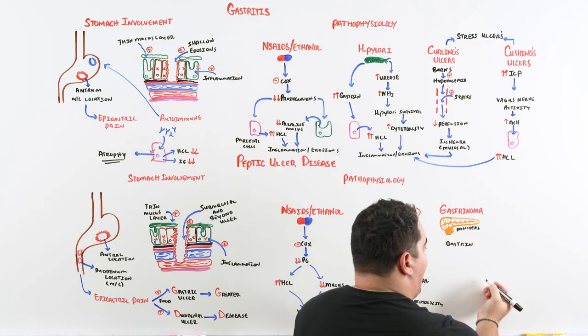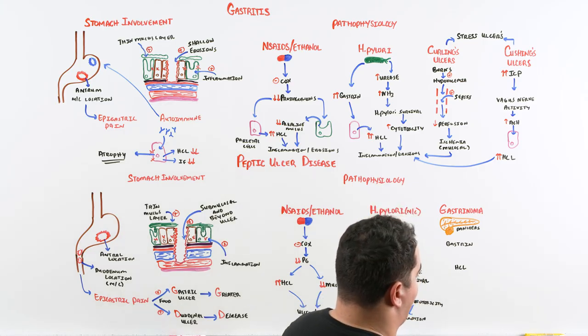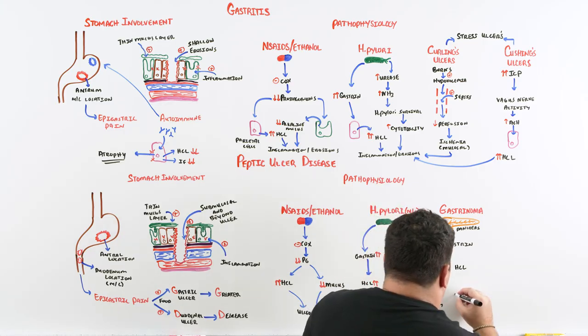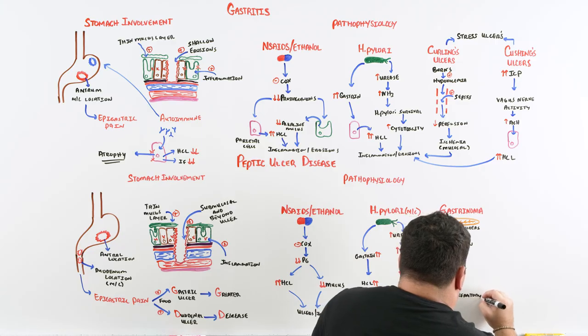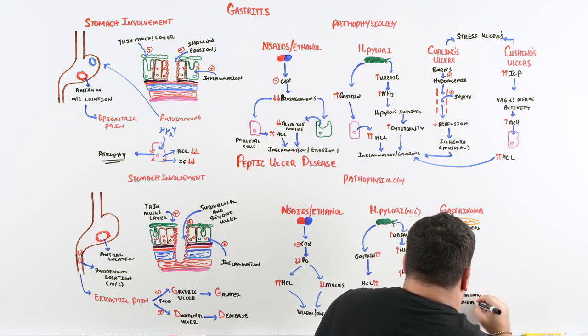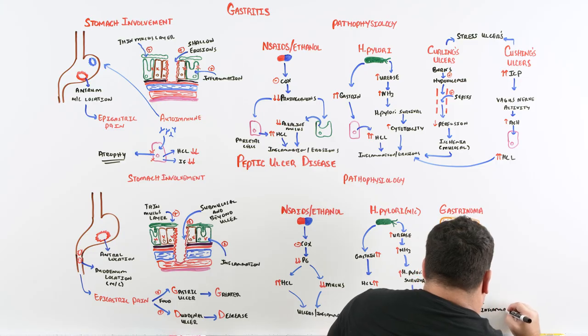And this gastrin will act on a bunch of different cells like parietal cells and pump up a ton of hydrochloric acid. That hydrochloric acid will lead to refractory duodenal ulcers and inflammation. And I think that is a really big thing to remember here, guys.